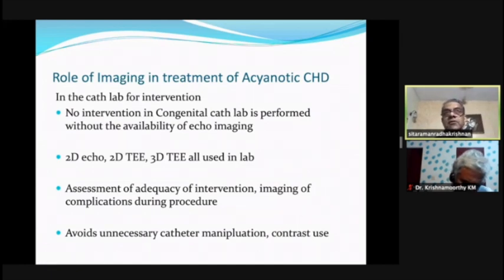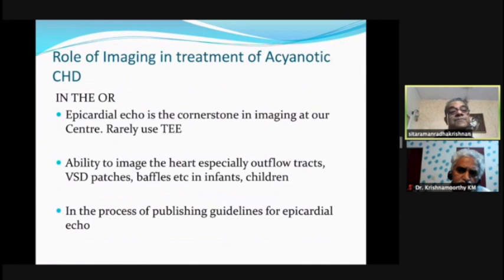You assess it by echocardiography whether you have been successful in achieving the desired result. So those days have gone where we would do unnecessary manipulation of catheter or use of contrast in order to define the anatomy, because the anatomy has already been defined before intervention, and then subsequently the results are known in the cath lab by the use of imaging. So that is the role of imaging. It is indispensable for pediatric intervention in the cath lab.